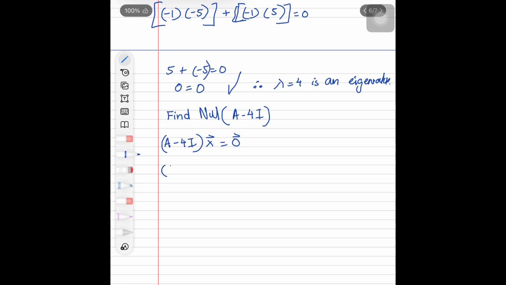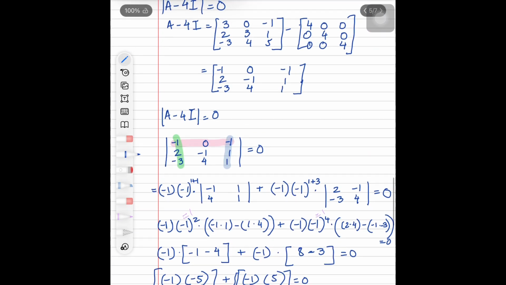Let's just write it as an augmented matrix right here. So we have the matrix with this right here.